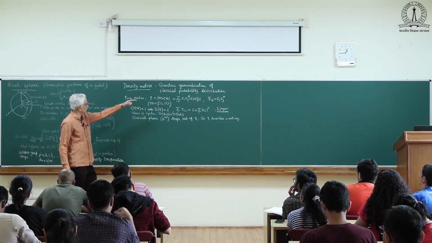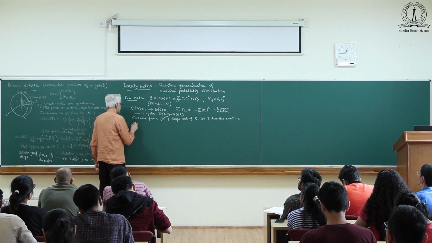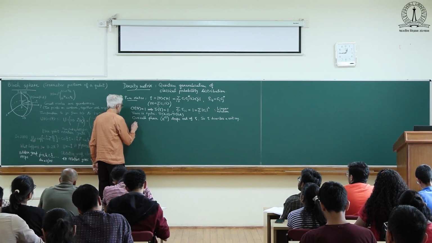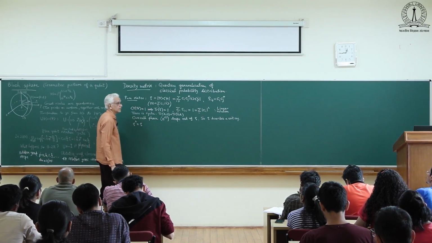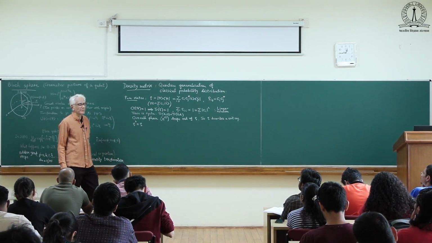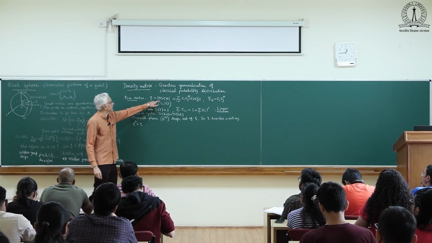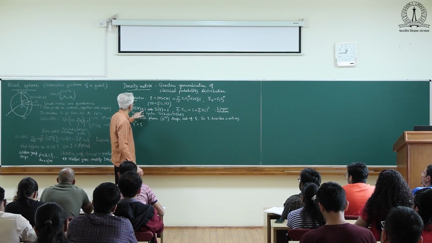What else just follows from this definition? We can very trivially see that rho square is equal to rho. If I multiply it by itself, there will be psi in the middle, but that is 1.